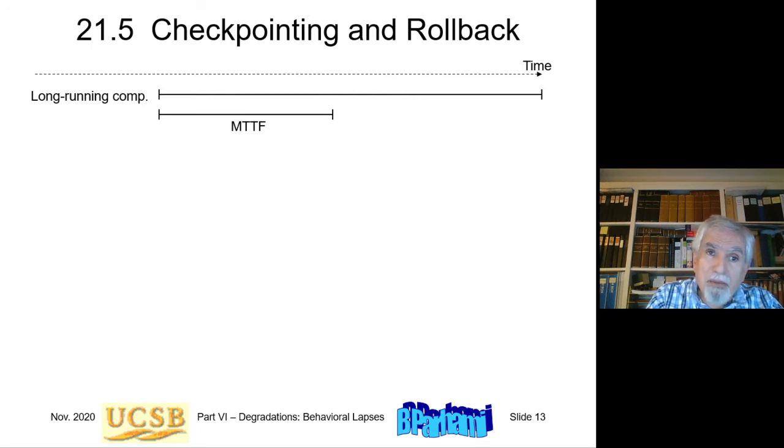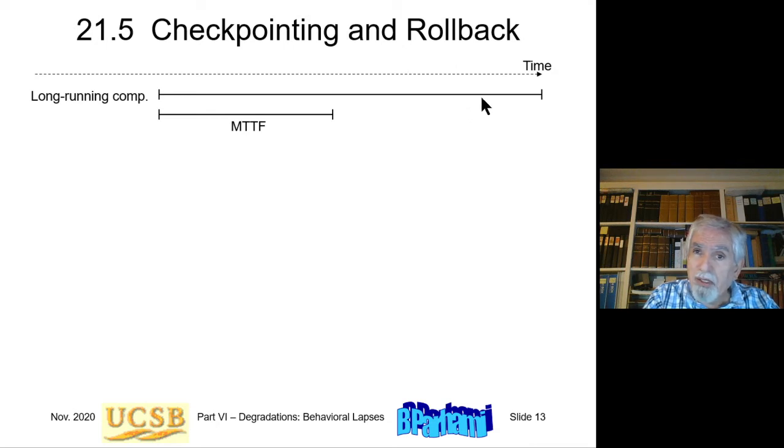Okay, so here's an example. Suppose I have a computation that runs for this amount of time, and then the mean time to failure of the system on which it's running is this much. So the running time of the computation is more than the mean time to failure. This means that as you run this computation, it's very likely that the system will experience a failure somewhere.